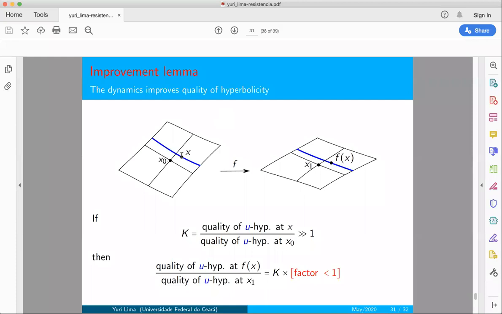So x is the coded point, x0 is the center of the Pesin chart. But if you iterate, they split apart, x0 and x. Yes, so x1 is not the image of x0.